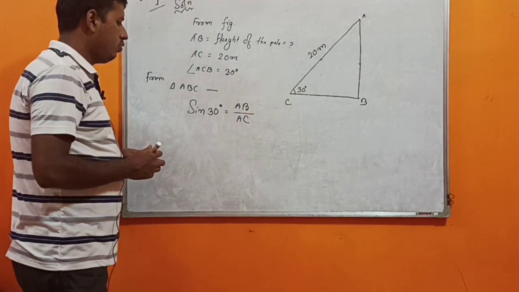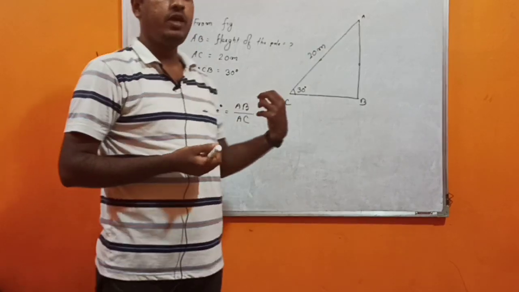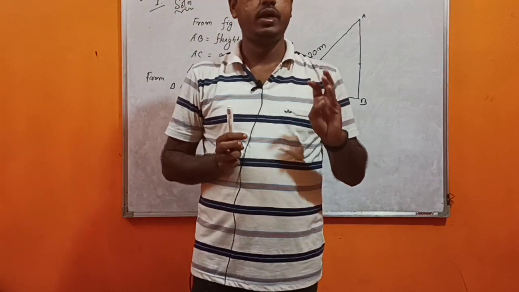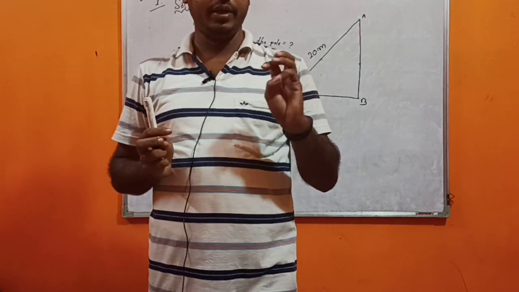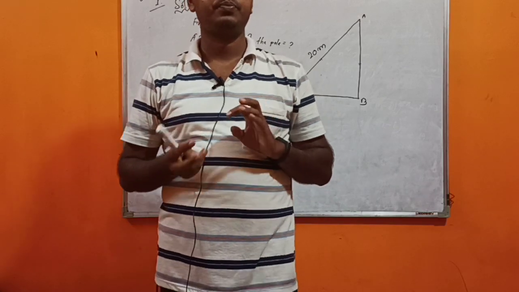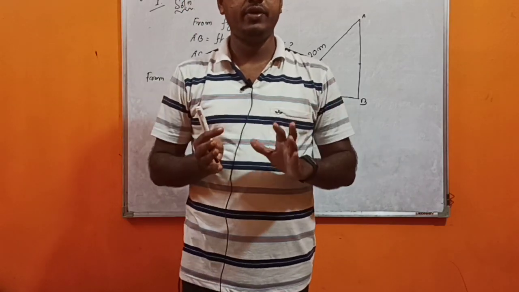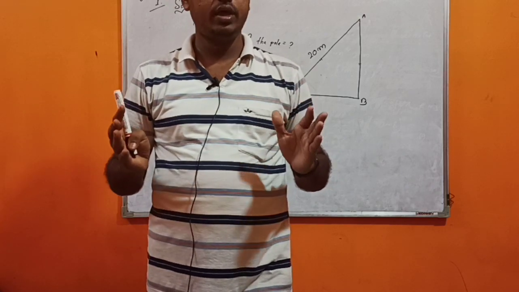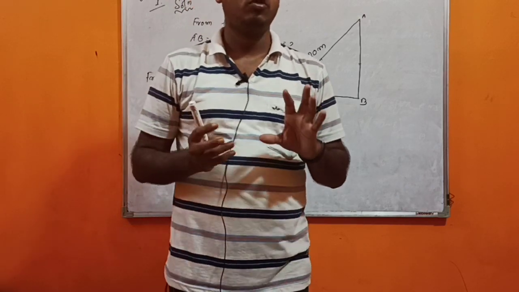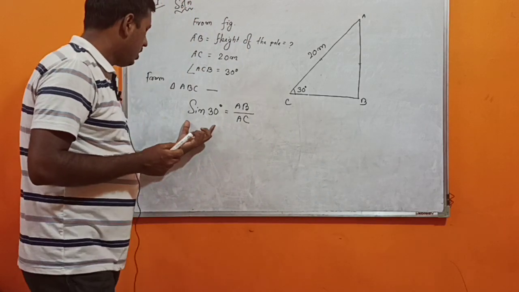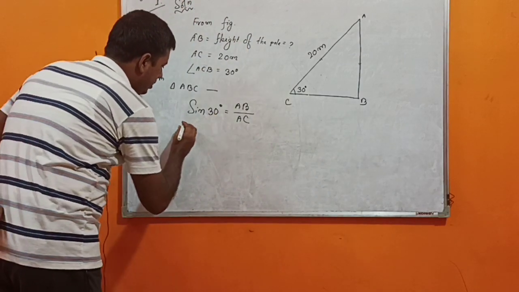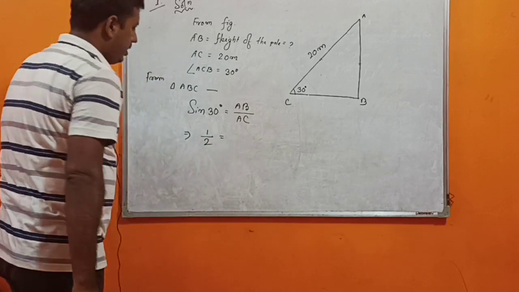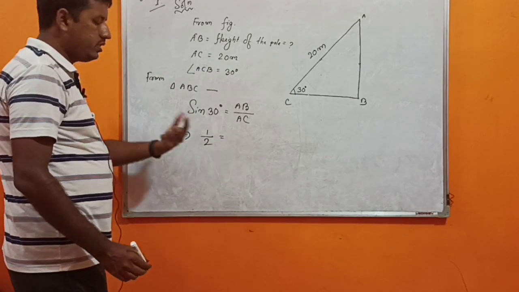We have to know the values of the common angles, 0 degree, 30 degree, 45 degree, 60 degree, and 90 degree. If you go through the table given in the textbook, you will get the values. The value of sine 30 is half.